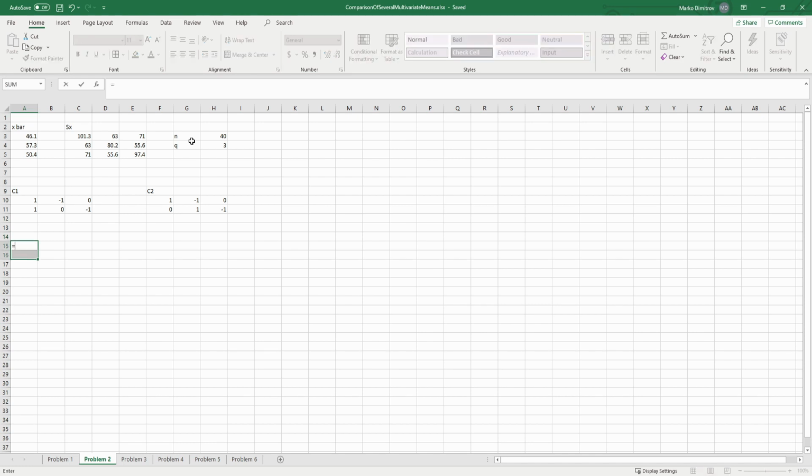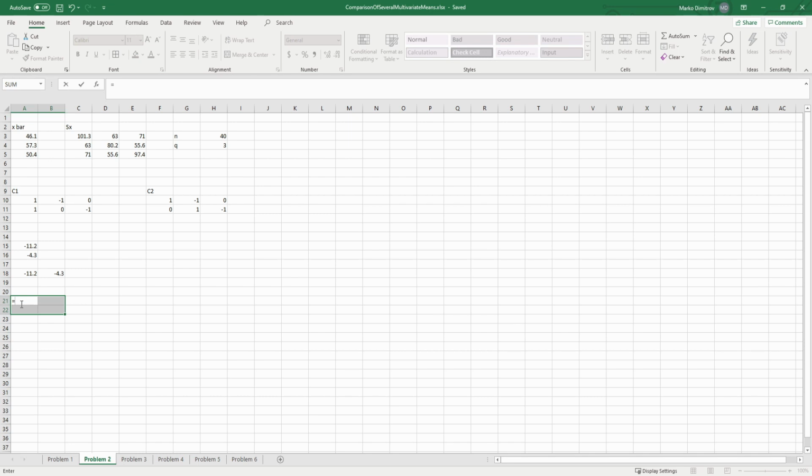So what we want to do is multiply our C1 with our x bar. So this is our vector, not transpose. This is our transpose. Okay, and we also need the inverse. So it is going to be 2 times 2.